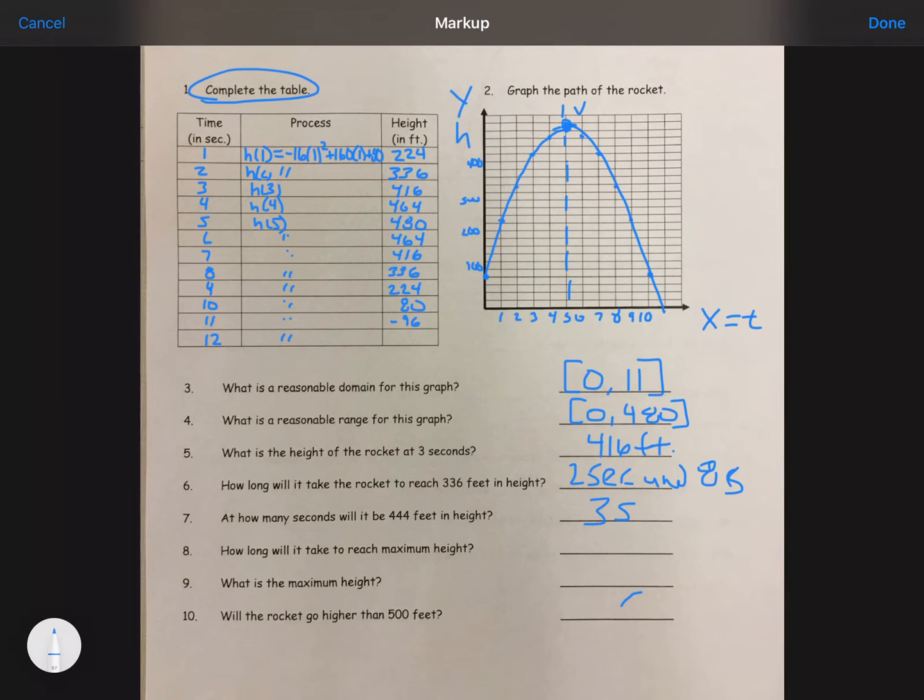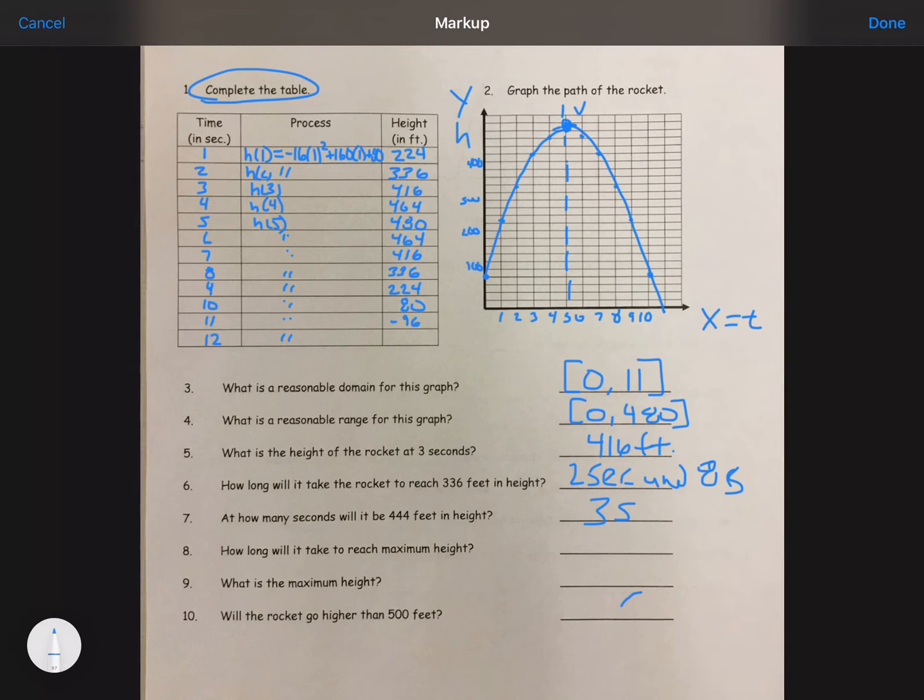Sean, how long does it take to reach the maximum height? What do you guys think? 5 seconds, yeah.